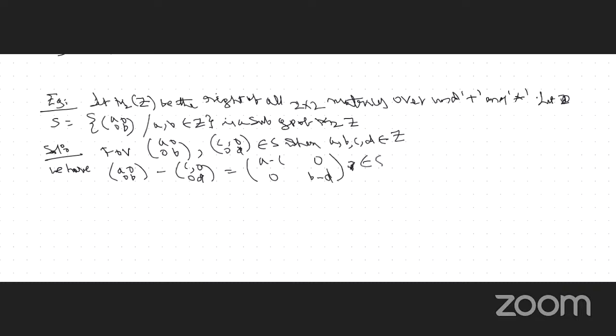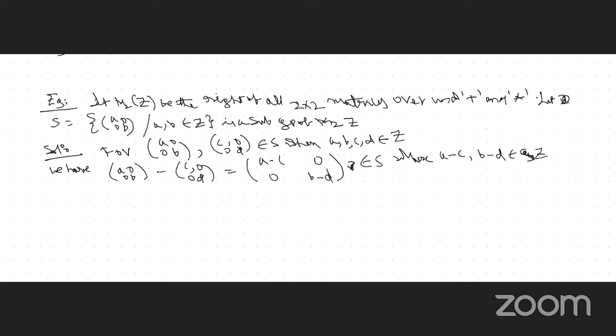This belongs to S, where A minus C and B minus D belong to Z, the set of integers.